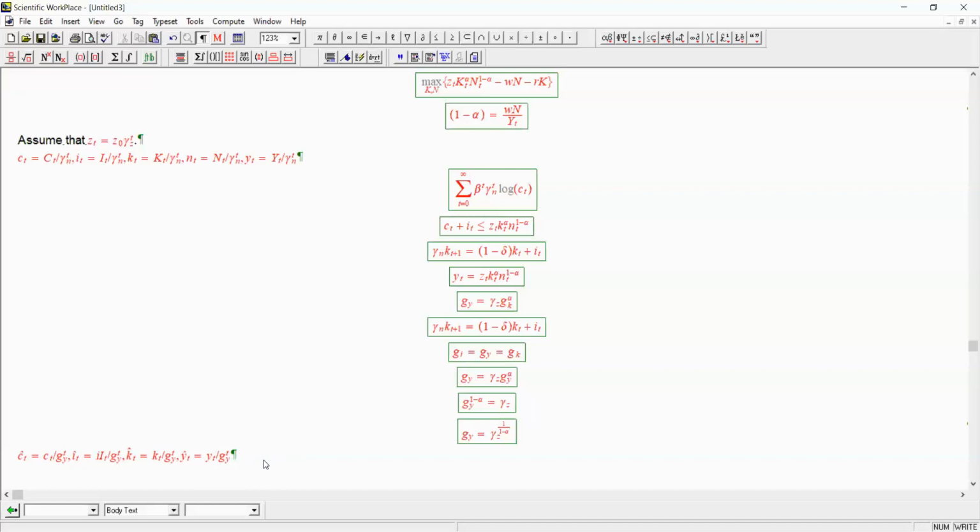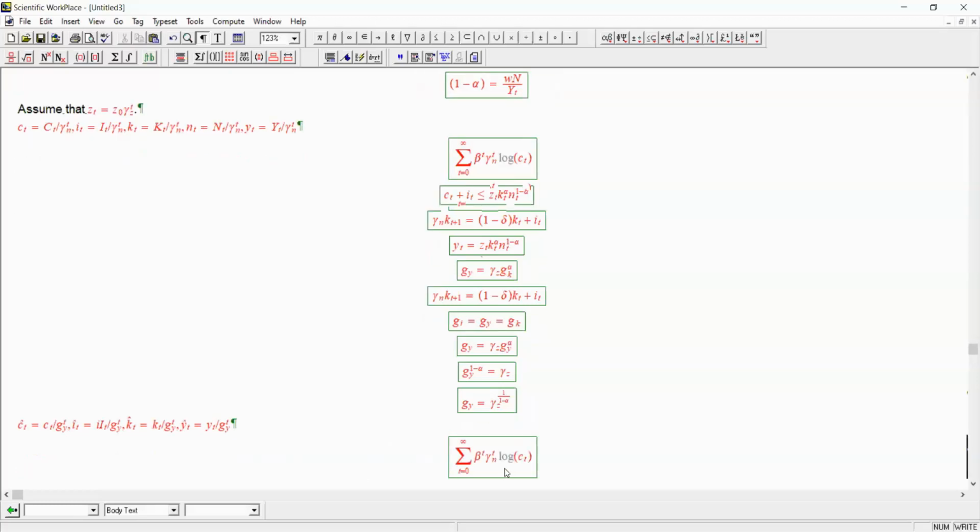Now what are we going to do? Now we're going to redefine our problem in terms of these variables. Let's start with the utility function. C is C hat times this, the growth trend, right?